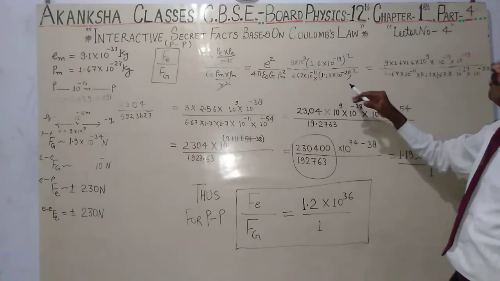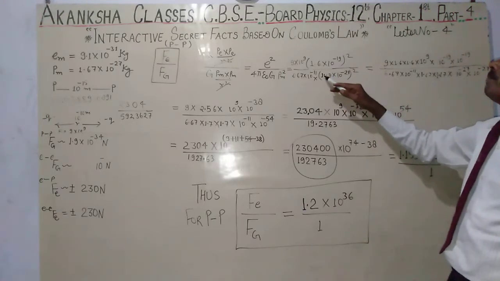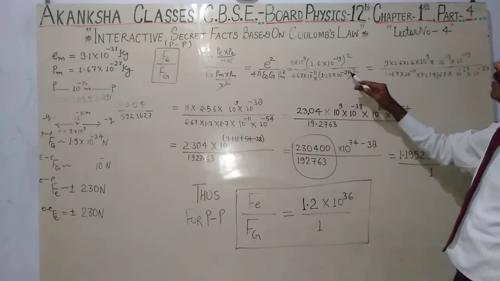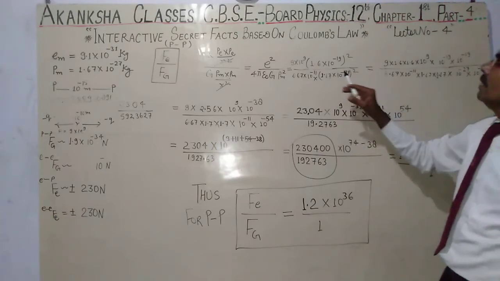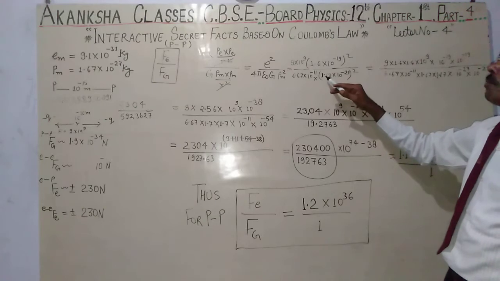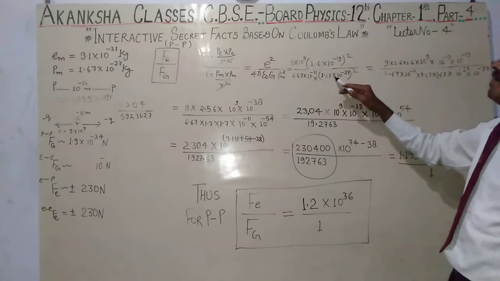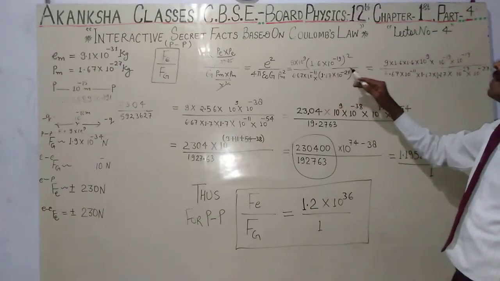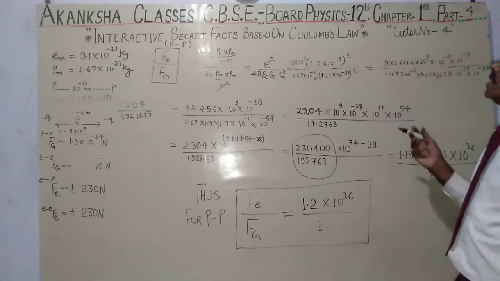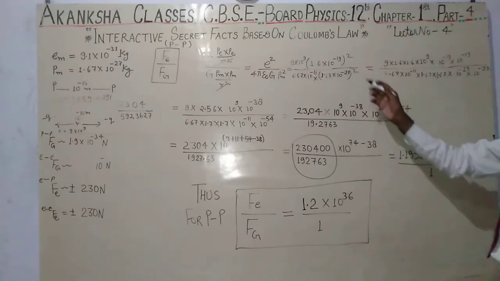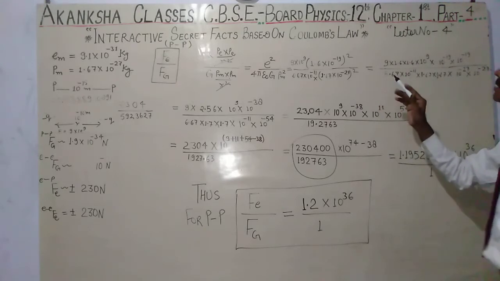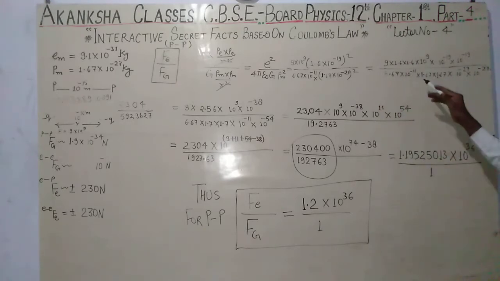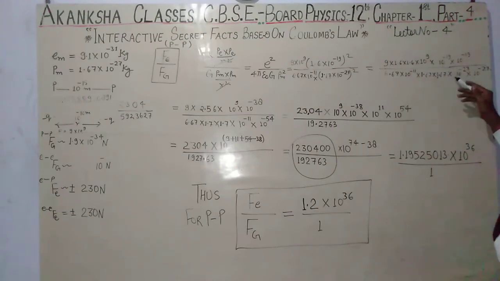The mass of an electron was 9.1 into 10 power minus 31 kg, but here the mass of one proton is 1.67 into 10 power minus 27 kg. Now we make the square and we get 6.67 into 10 power minus 11 multiplied by 1.67 into 1.67 into 10 power minus 27 into 10 power minus 27.